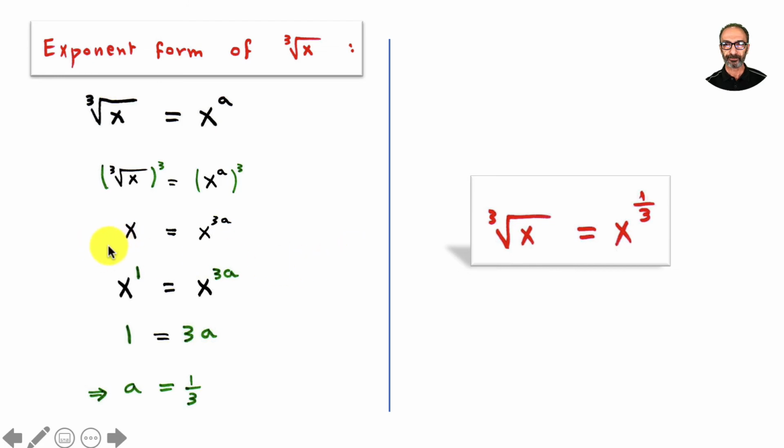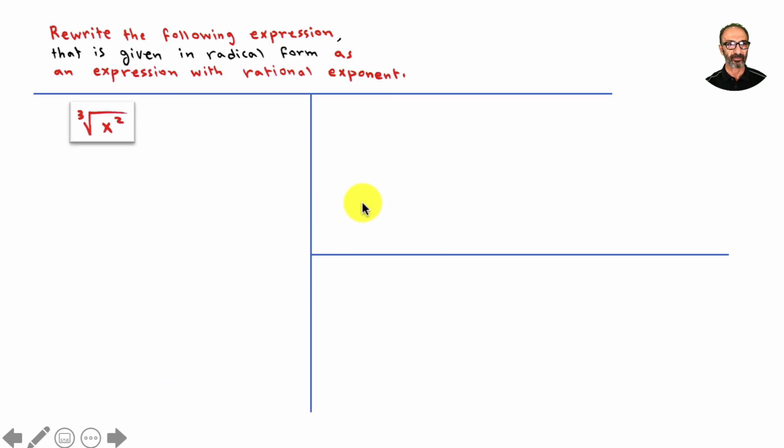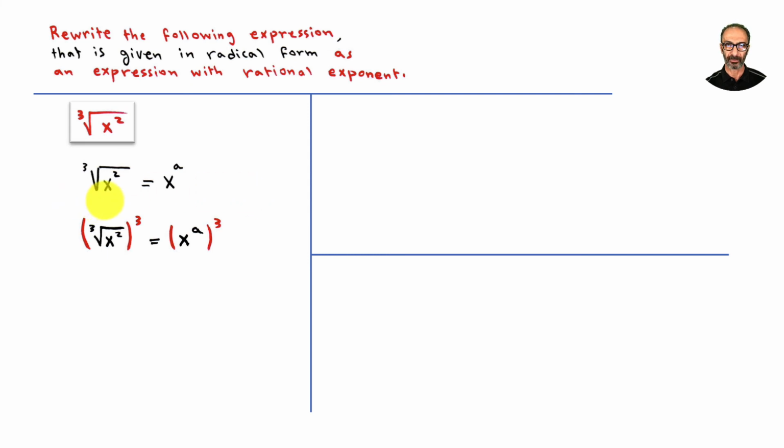Alright, here's some examples. Rewrite the following expression that is given in radical form, right here, as an expression with rational exponent. Let's take a look. If we write this as x to the power a, we could apply the cubic power, the third power, to both sides to try to solve.